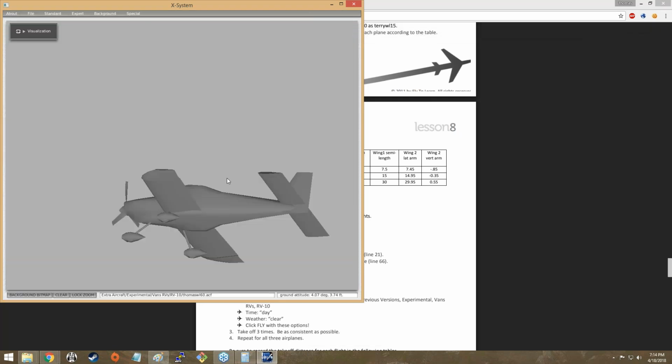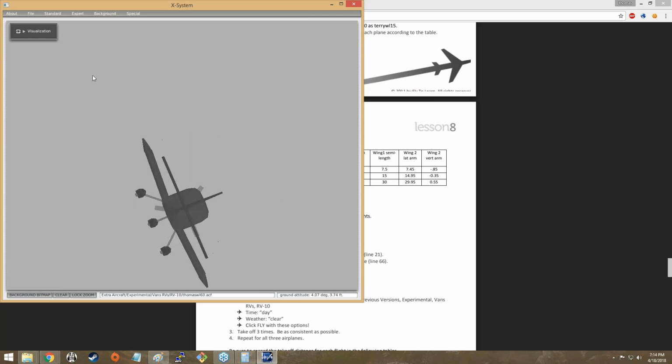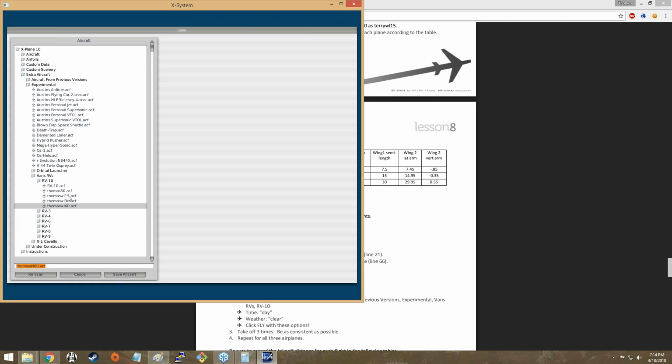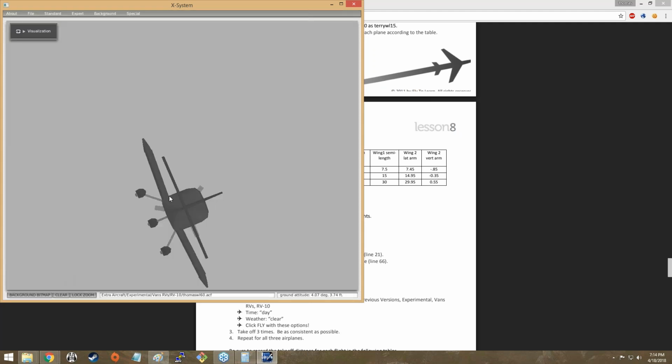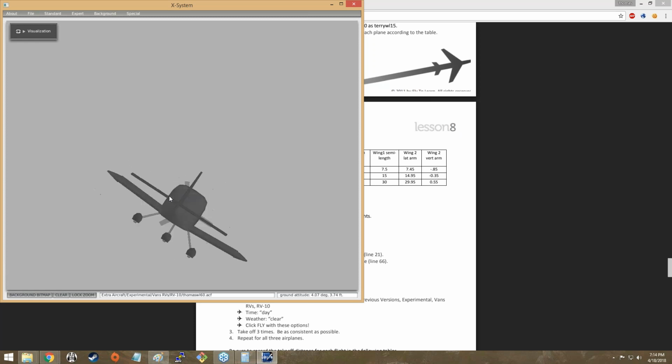And then we have our first very small wing design. And then you can just go ahead and save that as WL15, since that one is a 15-foot wingspan.